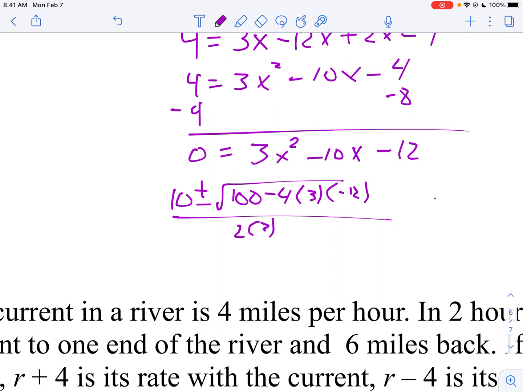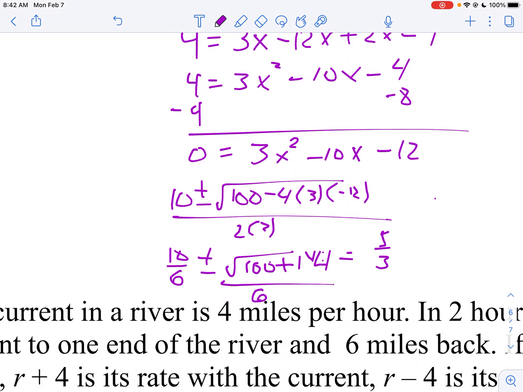So I'll get 10 over 6 plus or minus the square root of 100 plus, 4 times 3 is 12, 144, right? all over 6. Well, 10 divided by 6 is 5 over 3, plus or minus the square root of 244 all over 6.